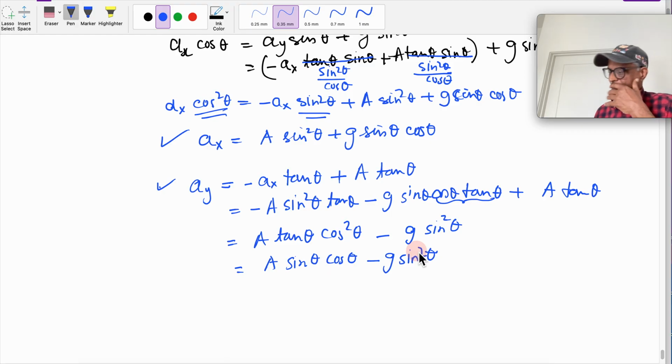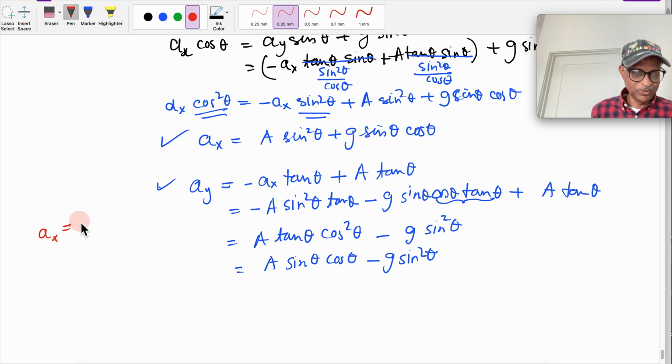I think I'd gotten a different answer when I just did it earlier, so I'm not sure I made any mistakes here. Earlier I got AX equals G cosine square theta plus A sine square theta, and AY was A sine theta cosine theta minus G cosine square theta.